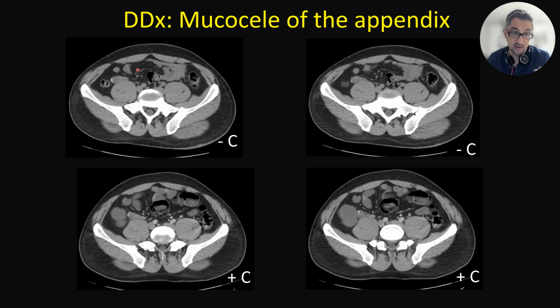In this case, this is a CT with contrast injection. There is no contrast enhancement in the wall, but the appendix is very distended, and there is calcification in the wall of the appendix, and the surrounding fat is very clear, no signs of appendicitis, and turns out to be a mucocele of the appendix.